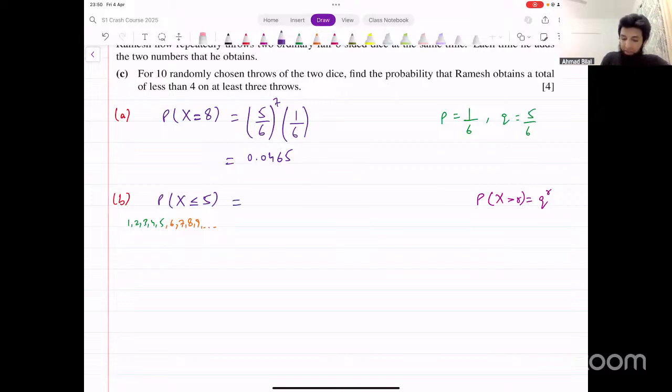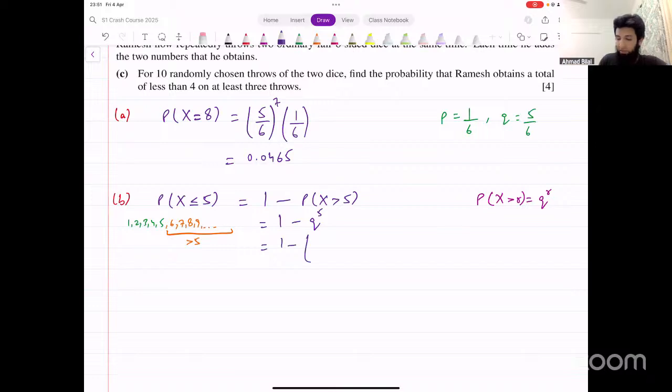The total probability is 1. We subtract from 1 all of these numbers. How do we describe these numbers in greater than form? These are greater than 5. So 1 minus probability of x greater than 5. And we have a formula for that. It becomes 1 minus q raised to power 5.